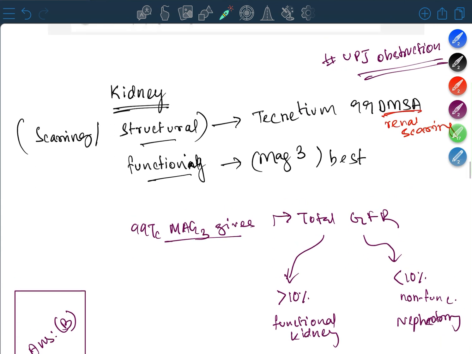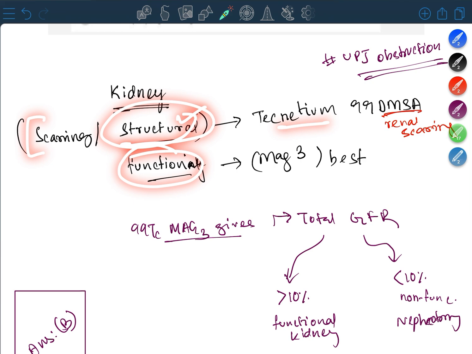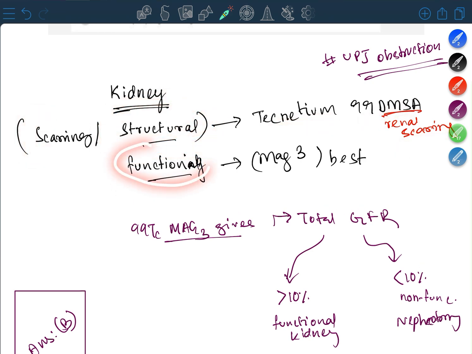Anything for kidney, either it is structural or functional. For structural, we do technetium 99 DMSA, and for functioning, we do MAG3. This is the best. Tech 99 MAG3 for function, and for structure, we do Tech 99 DMSA. To test the kidney structure, Tech 99 DMSA.